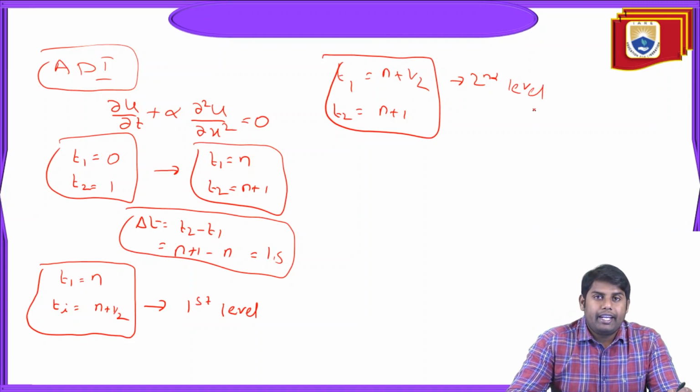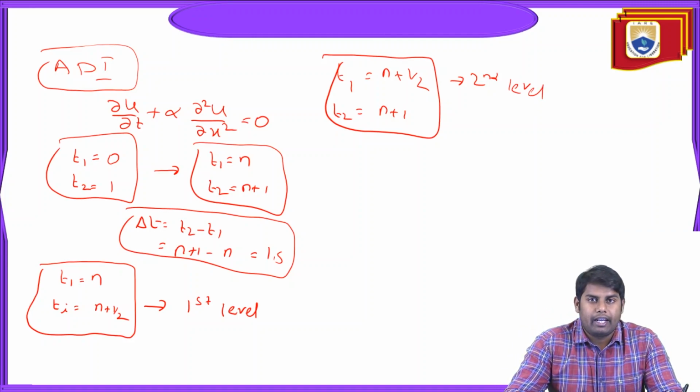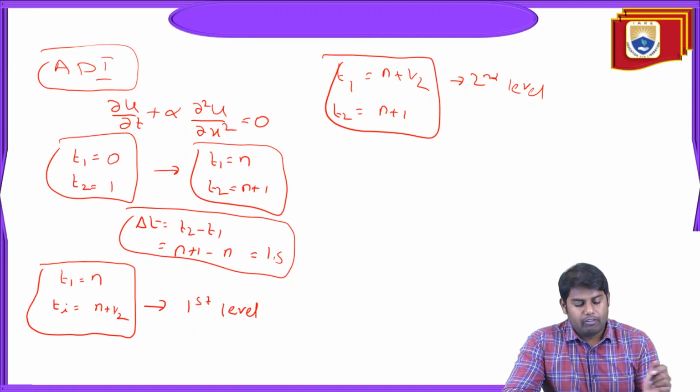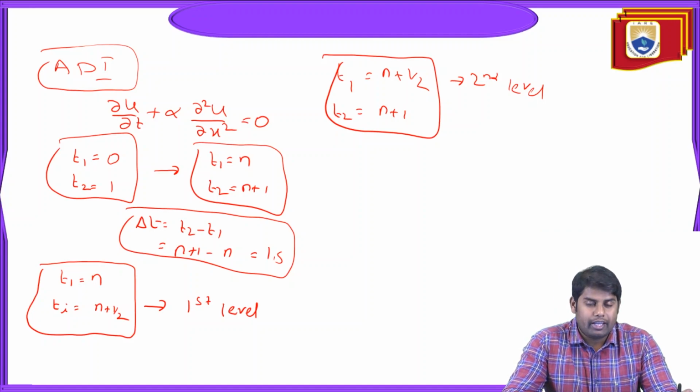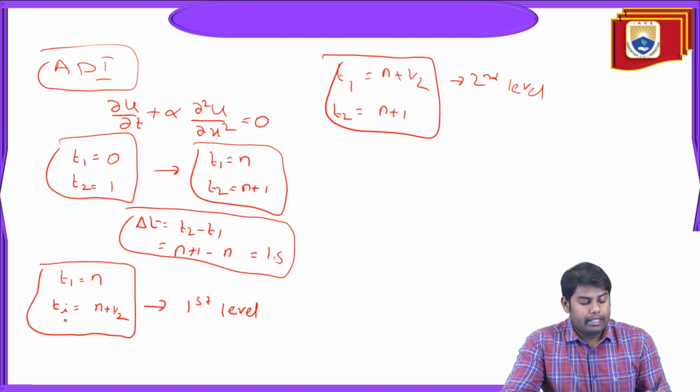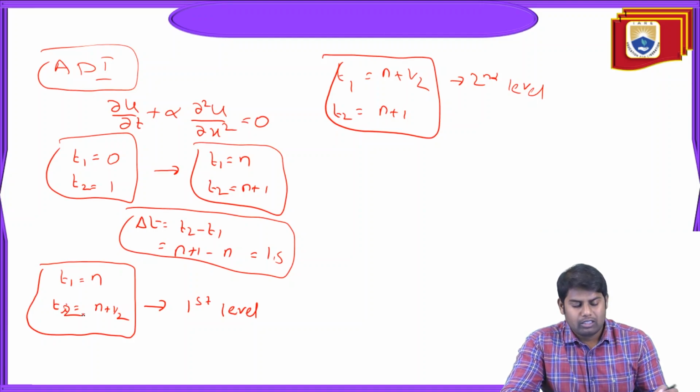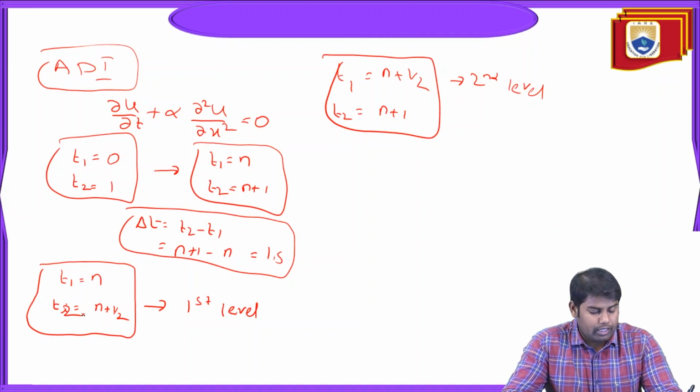In the ADI technique, the alternating direction implicit technique, we divide the time level of 1 second, between n and n plus 1, into two halves, or two levels: the first level and the second level. In the first level, t1 is equal to n and t_i, basically called the intermediate level, or you can take it as t2 again. It's your wish actually. For our convenience, let us take it as t1, t2, and for the second level also we can take it as t1, t2.